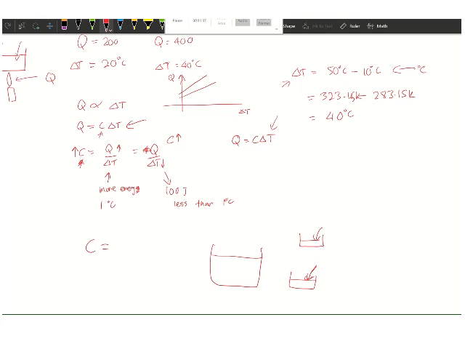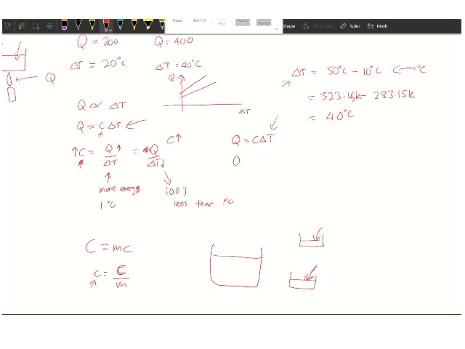Heat capacity. So what we know just now is that the heat capacity depends on the mass and also on the material. So this is a small c. The small c is equivalent to big C divided by m. This small c is what we call the specific heat capacity.